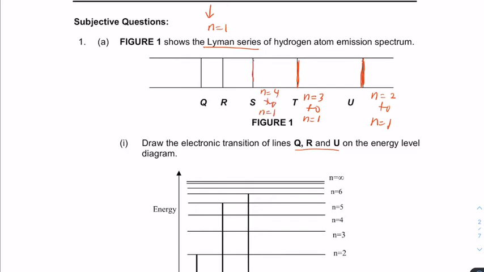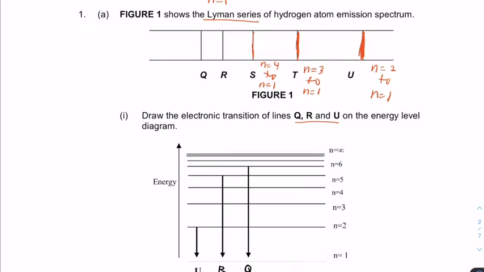So we look at the distance. The biggest distance means the lower n, so we know this will be the first one, and it is the transition from n2 to n1.